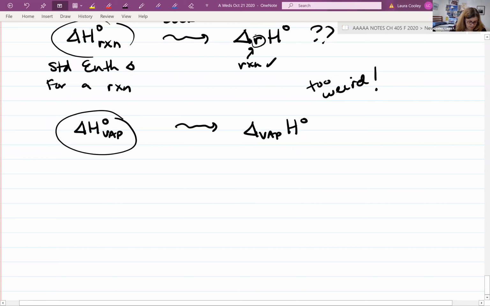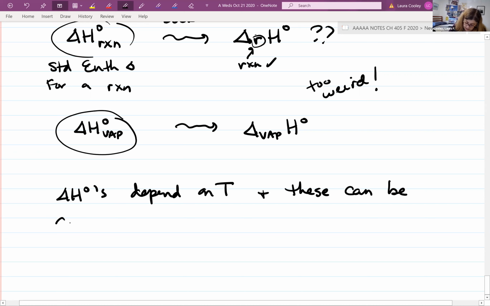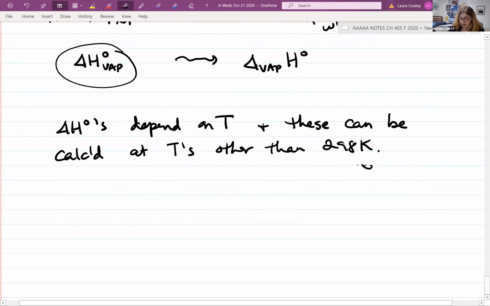So I'm going to show you an example of how you can calculate a delta H at a different temperature, not 298 where you're given the delta H. So delta H0s depend on temperature, and these can be calculated at temperatures other than 298, where those are the values that you're generally given.